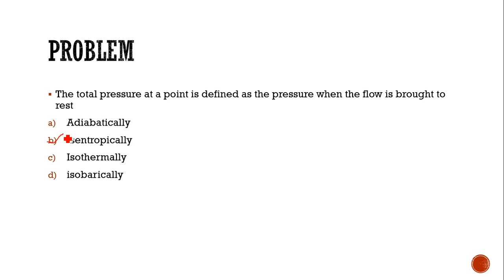There is some confusion that will come when considering Rayleigh flow and Fanno flow. So we need to remember the concepts nicely, so that you can easily answer those questions. Okay, so these things we will cover.